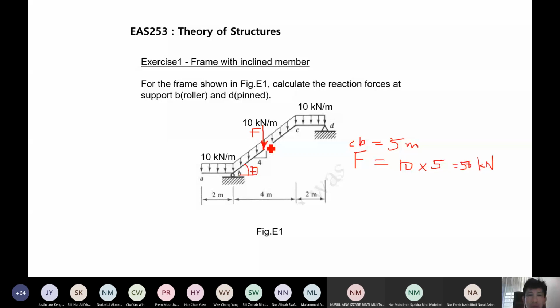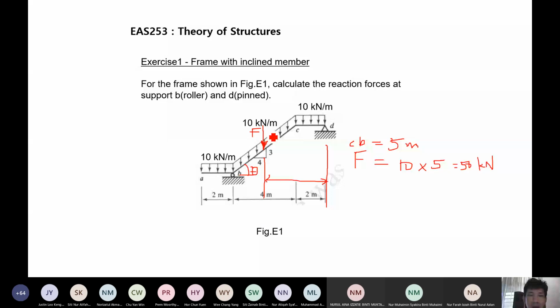if you want to take moment at D, the perpendicular distance will be this horizontal distance. So the moment at D caused by this distributed load acting on the inclined member will be 50 multiplied with this length here. What is this length? This length is 2 meter plus this length.